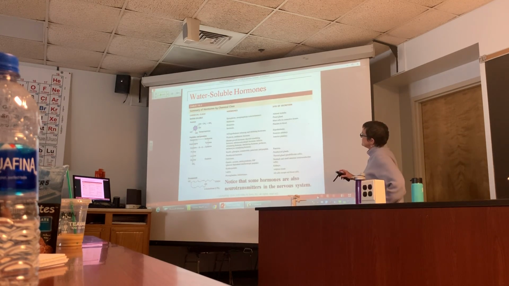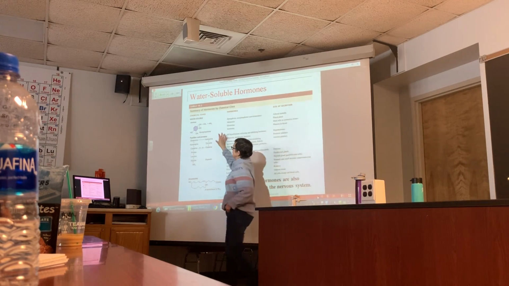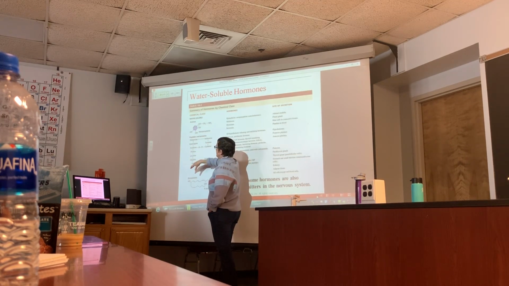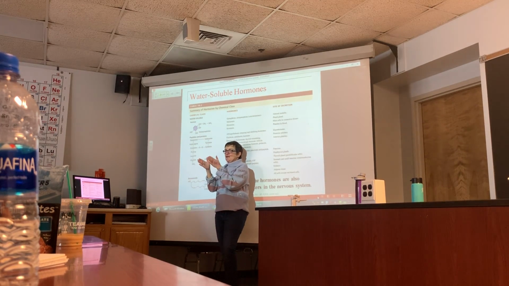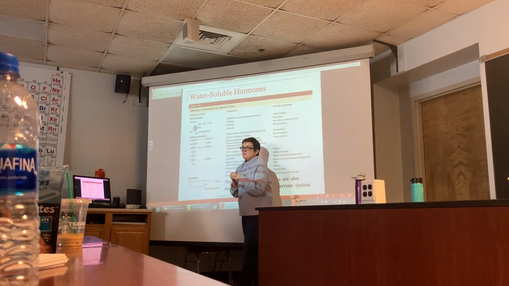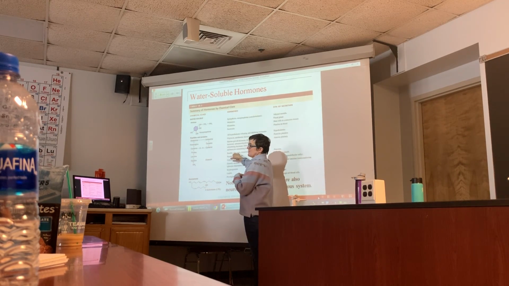So here are some examples of water-soluble hormones. Water-soluble ones are primarily amines, which are derived from amino acids, or short chain peptides, or polypeptides, which are short amino acid chains, not quite proteins. And then there are some protein hormones as well. Insulin and glucagon are protein hormones.